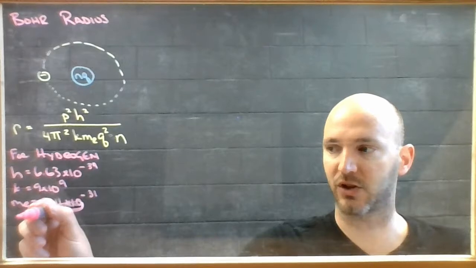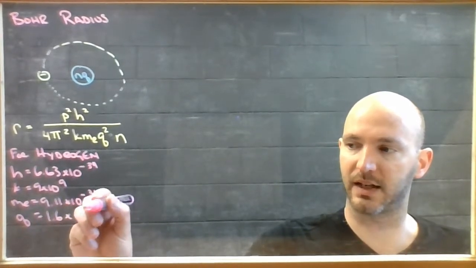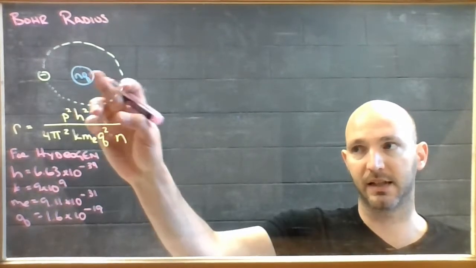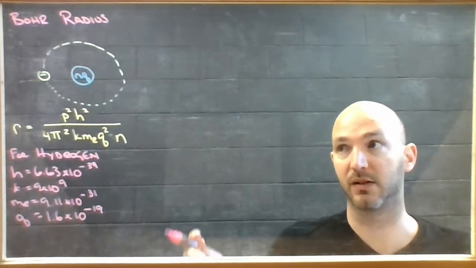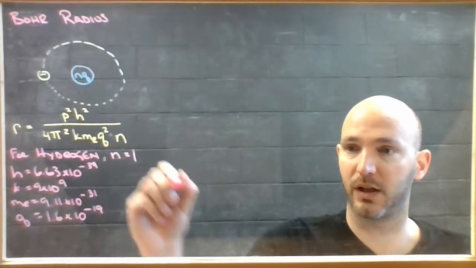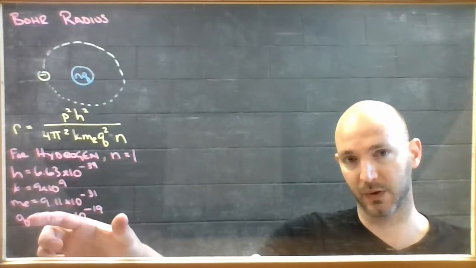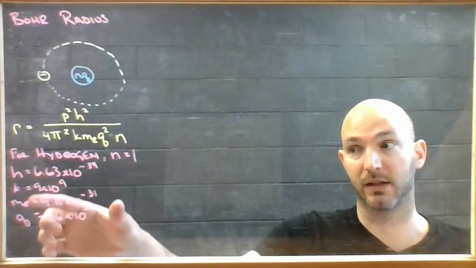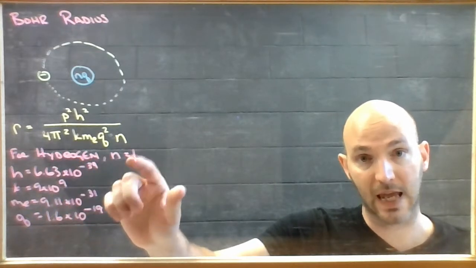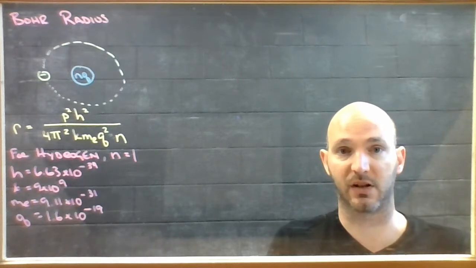The basic charge is 1.6 times 10 to the negative 19 coulombs. And n is the number of protons in the center. So for hydrogen, n equals 1. All the rest of these numbers are constants. They don't change when you change the atom here. Only n changes for the atom. All the rest of this stuff is just constant.